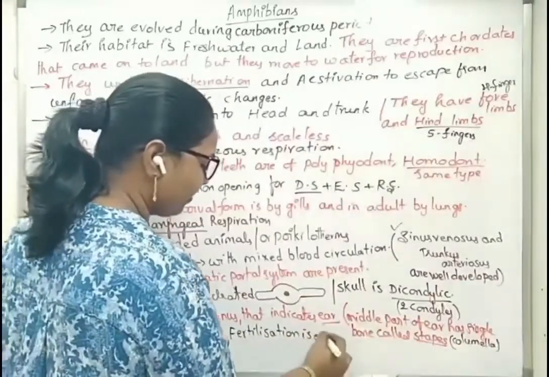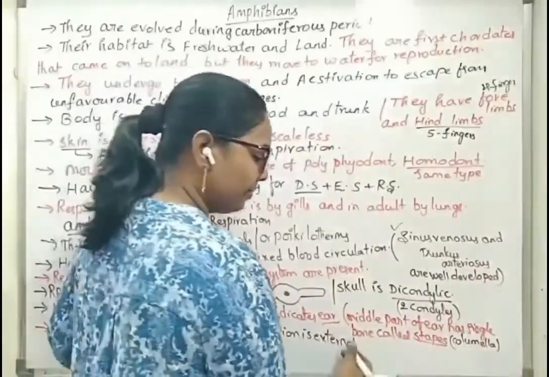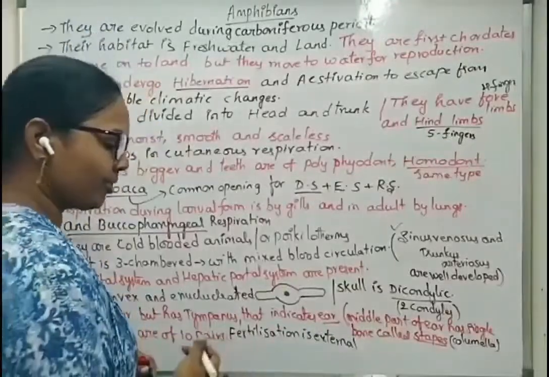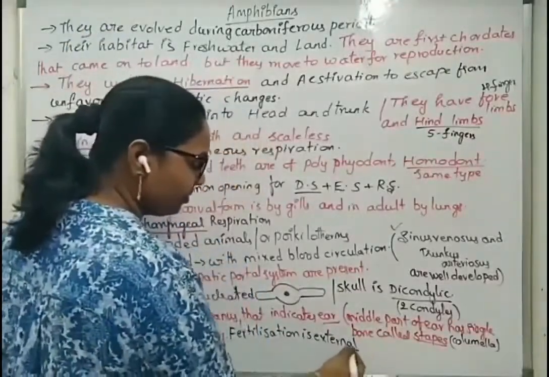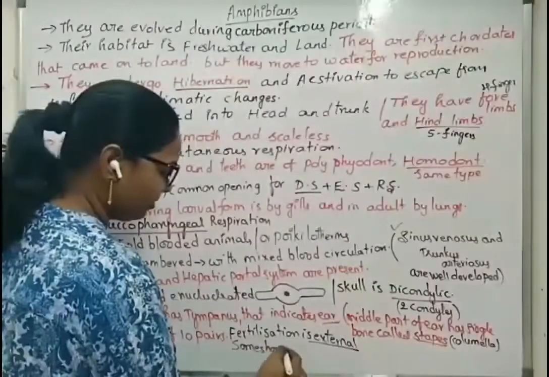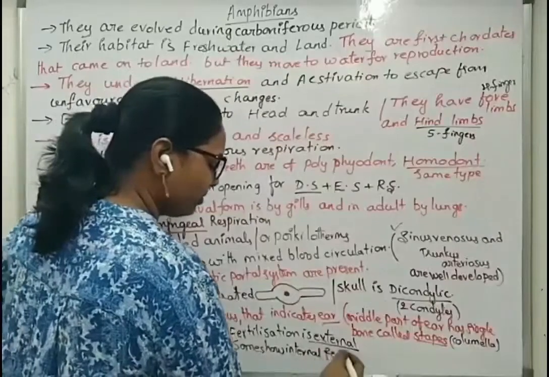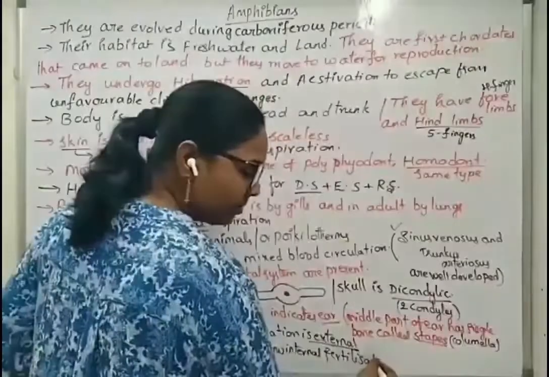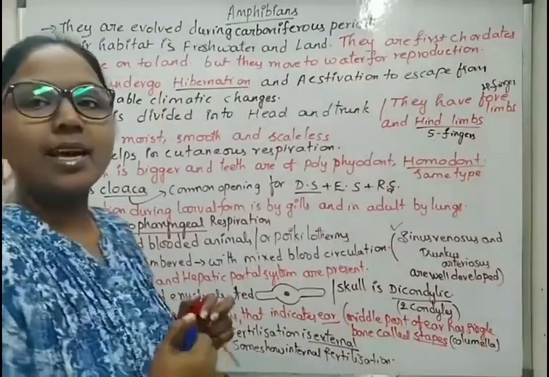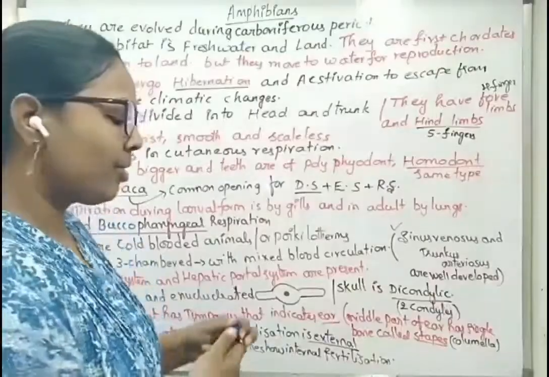Fertilization is external, but some amphibians show internal fertilization also. Mostly amphibians are oviparous, they lay eggs, but some are viviparous also.